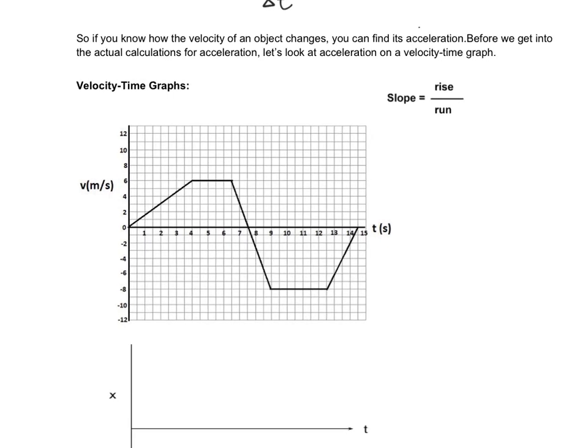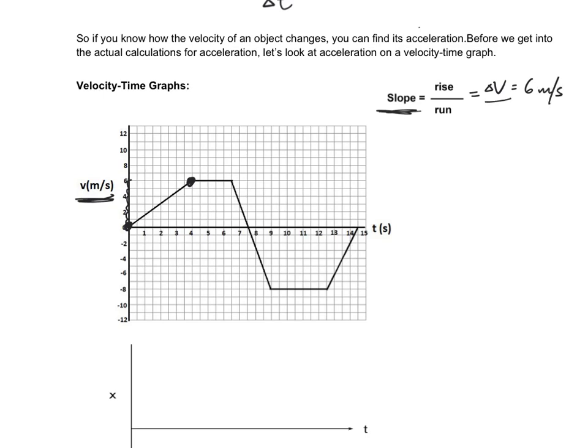So a velocity time graph looks like this. Obviously, we've got velocity and time. But on a velocity time graph, the slope gets pretty interesting. The slope is rise over run, and on a velocity time graph, the rise is how much the v changes. So say we were going to take the slope of this first section. The rise part would be 1, 2, 3, 4, 5, 6 with the changing velocity. Changing velocity equals 6, so that's meters per second there.